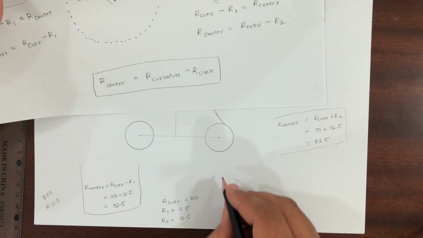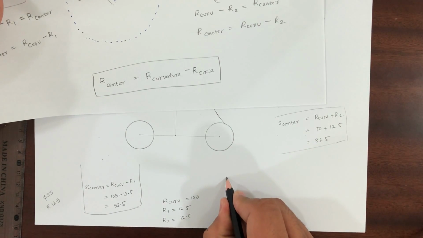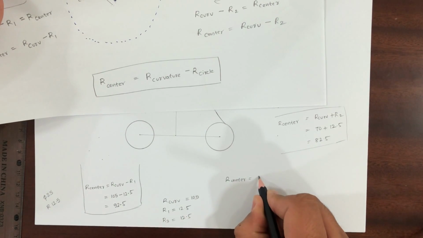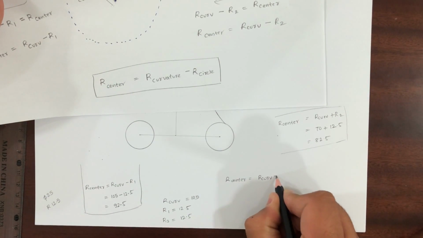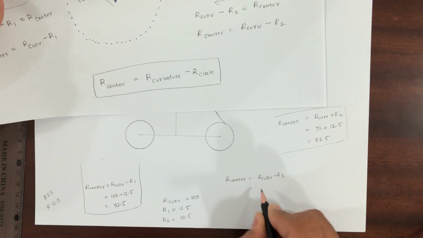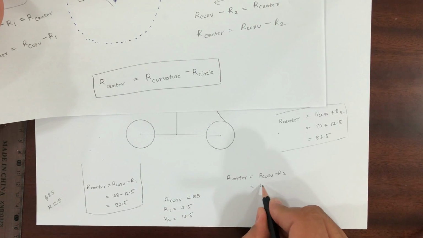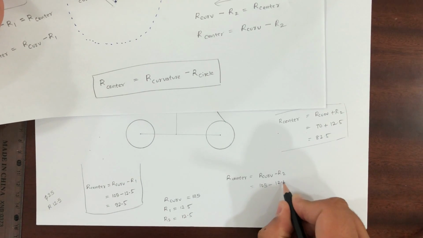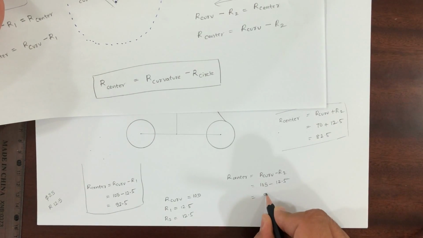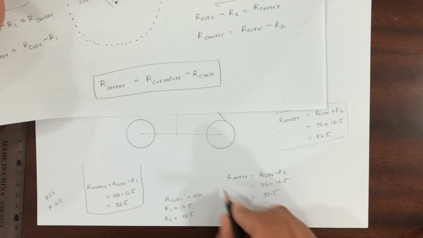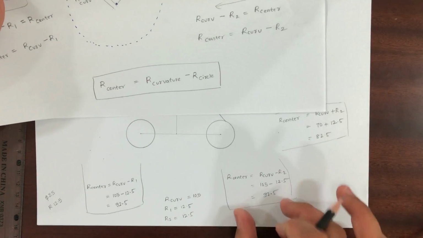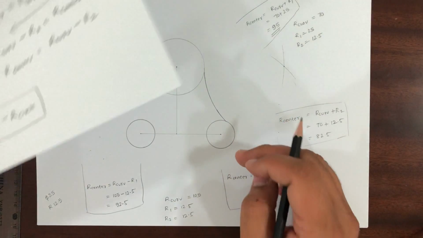Now I am writing the formula for this right side circle. R center equal to R curvature minus R2. R curvature is how much? 105 minus R2 is 12.5. It will be how much? 92.5. So this one is for this circle.